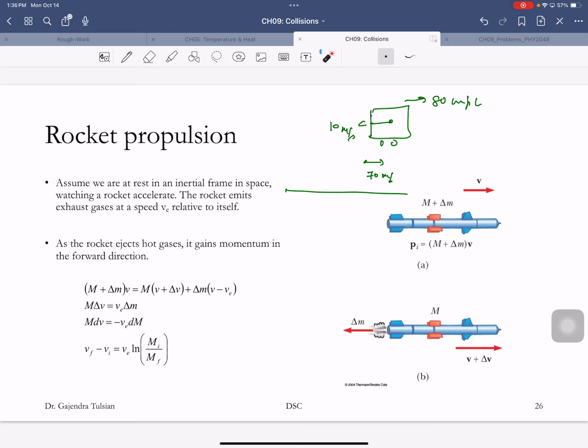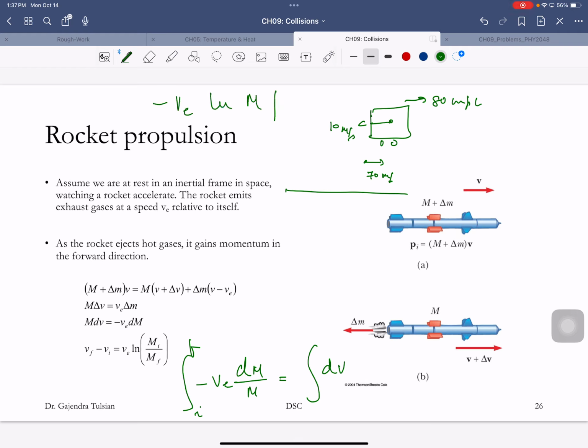Then you can rearrange that, dm by m equals what I'm writing, and then we'll integrate both sides. From the initial to the final point, the integral of this is minus VE log M, initial to final, equal to V final minus V initial.